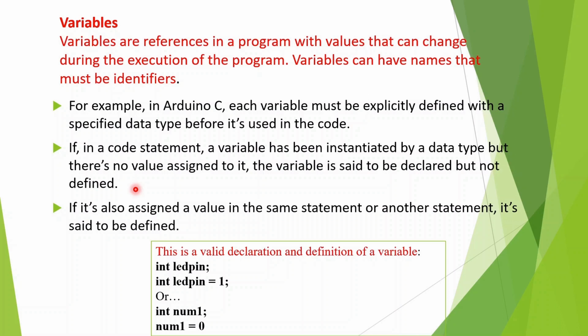If in a code statement a variable has been initiated with the data type, but no value is assigned to it, the variable is said to be declared. So here we have a variable LED pin, and the data type for that LED pin variable is integer. So we have declared this variable here, and if we assign some value by using the assignment operator, that means we are defining that particular variable with this value. That is, 1 is assigned to the LED pin, and integer is the data type of that LED pin. So we can also assign a value in the same statement or another statement. It is said to be defined.